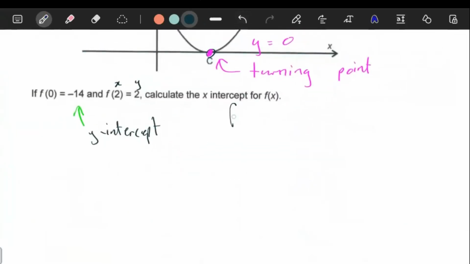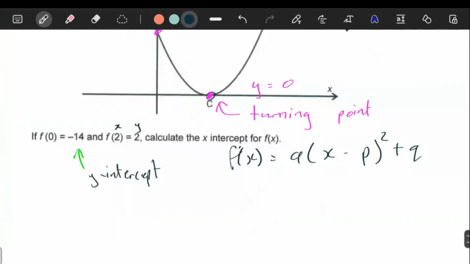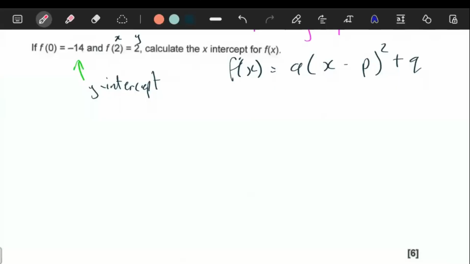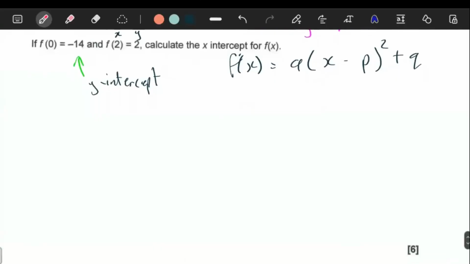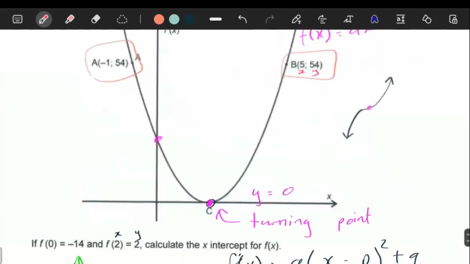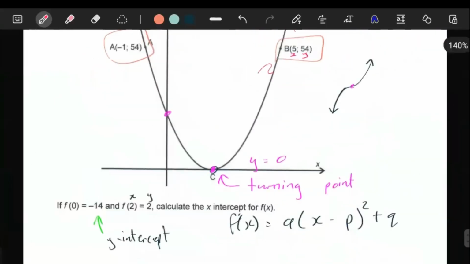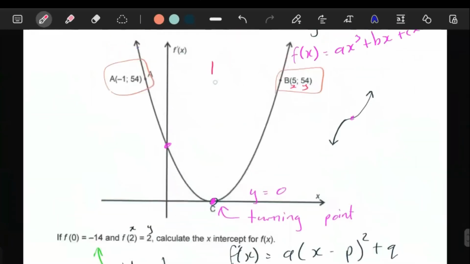The first derivative of f of x, we know that it's just a parabola. So you can start with a format like this one. What we need to do is, luckily, from the image we're looking at, we can get the x value of the turning point.